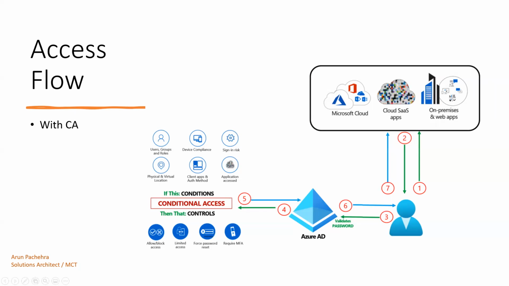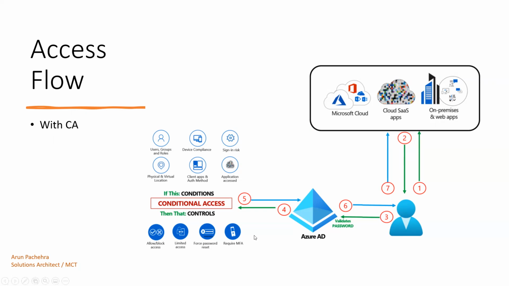Now a user accesses an application that uses Azure AD as identity provider, just like the previous diagram. In steps 2 and 3, exactly like the previous diagram, the user is redirected to Azure AD for password validation.